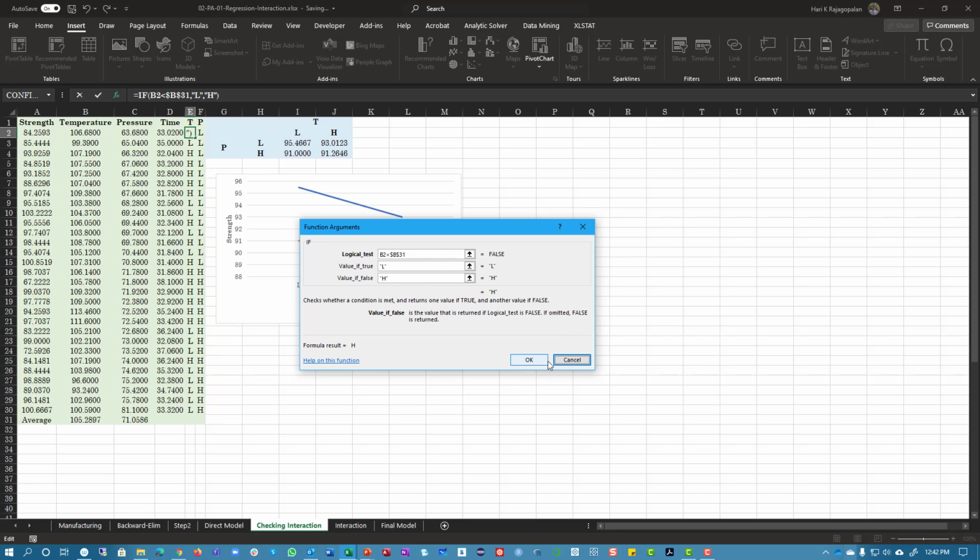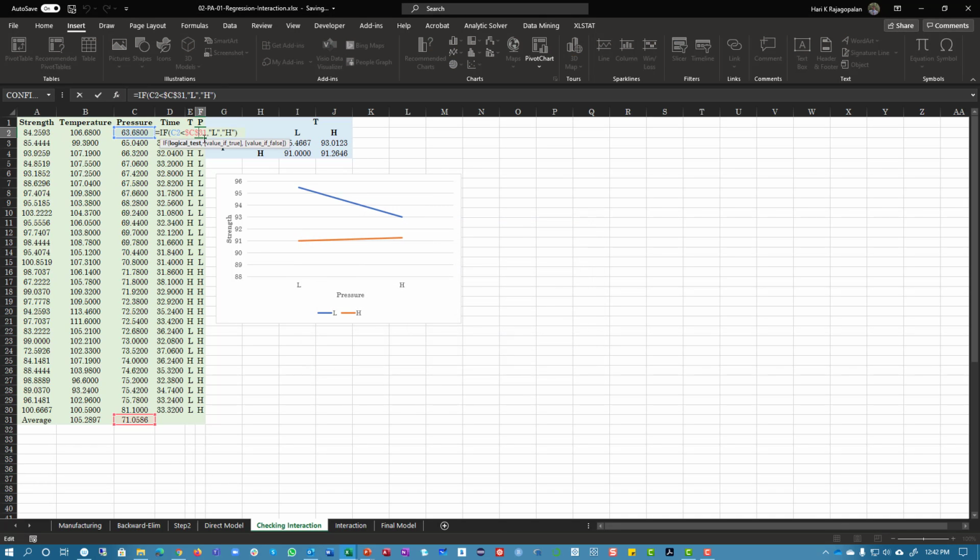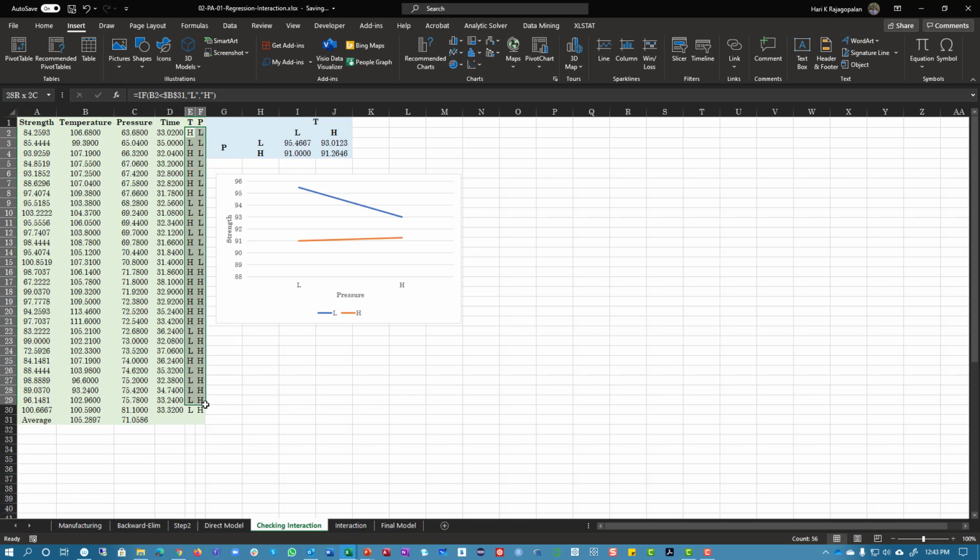And if you put the right dollar signs properly, now you do the same thing for pressure. If C2 is less than the average, it's L, otherwise it's H, and then you can copy these down.